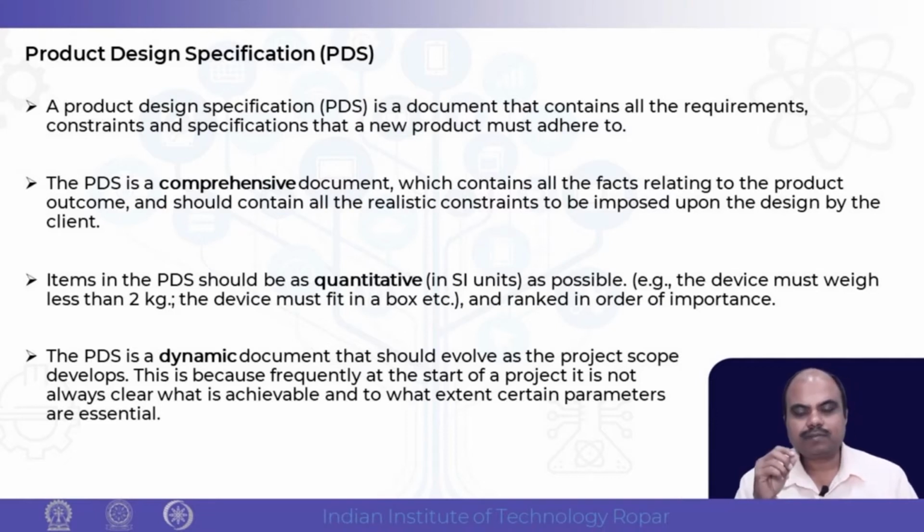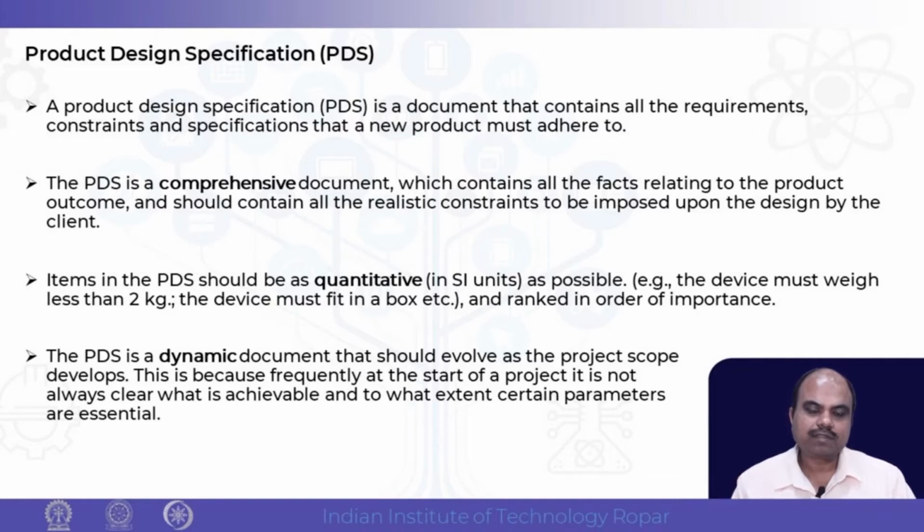Lightweight has a different meaning or notion for different users, right? Obviously we understand that a lightweight laptop would be heavier than a lightweight mobile, but there is no measure of it. So here we say the laptop should be less than 2 kg.